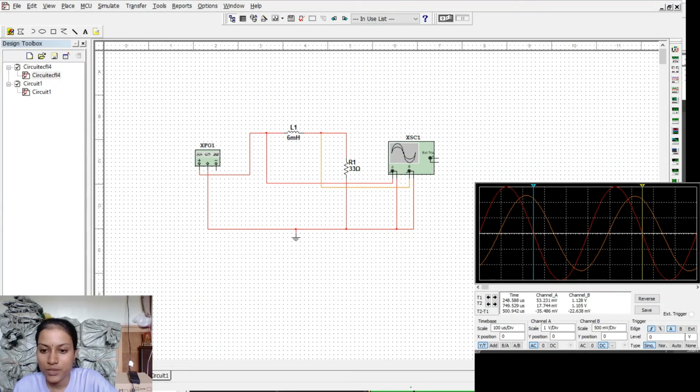So we can take 500.942 microsecond as the period. As usual, to find the phase angle, we need to find the difference between the starting points of the two waves.